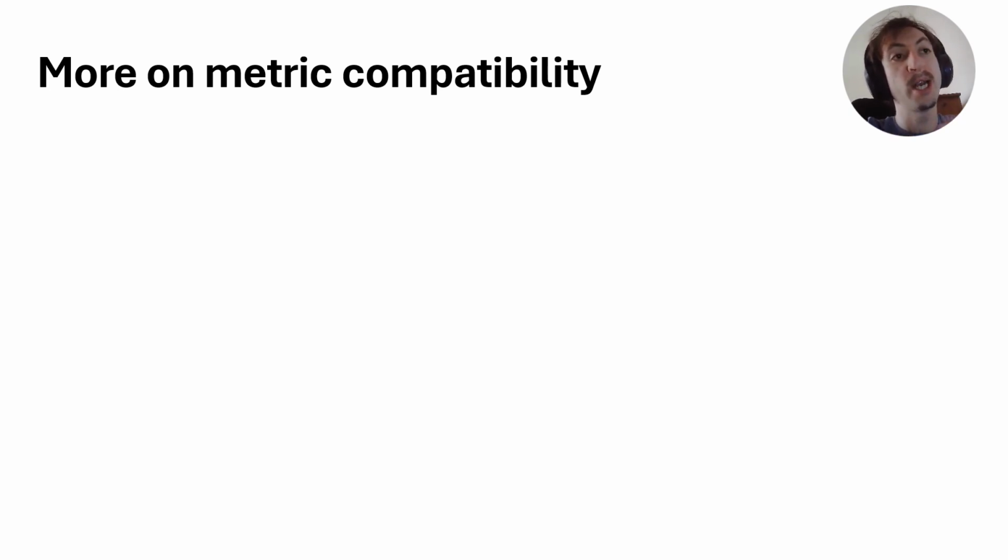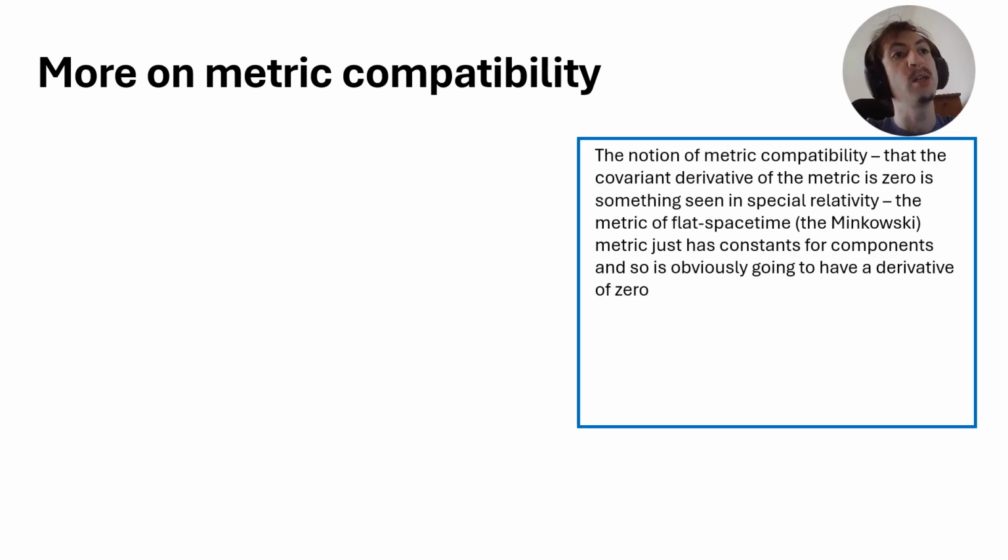We're going to relate that to the partial derivatives of the components of the metric, which is dependent upon the coordinate system we are expressing our metric in terms of. And we're going to add a little bit on what the metric compatibility condition actually means.